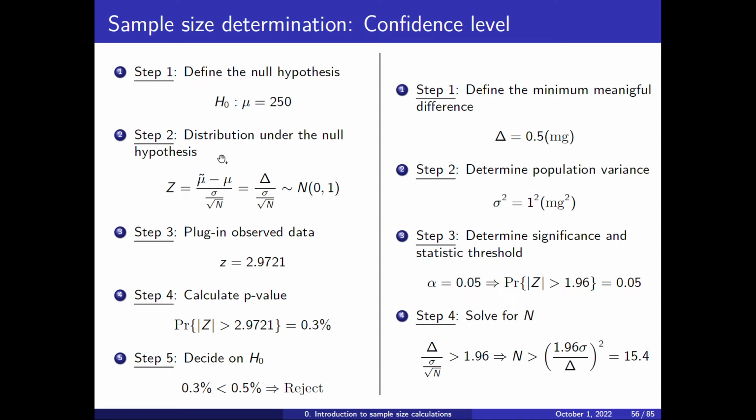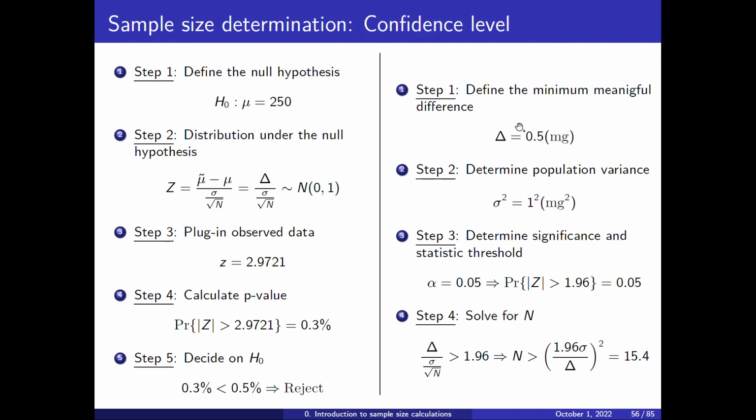How does it help us to calculate the sample size? When you are designing your experiment, you haven't observed yet the 0.66 milligrams, but you may have a target. So you may say, okay, if it deviates more than 0.5 milligrams, then I want to see it with a given probability of false positive errors.